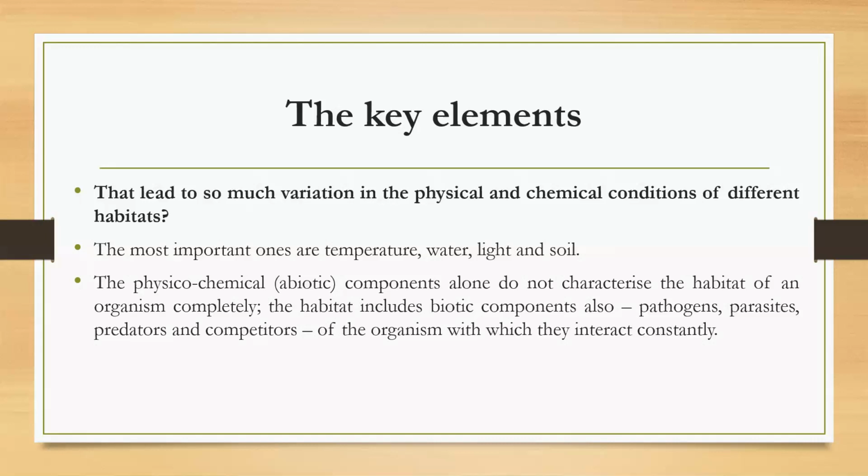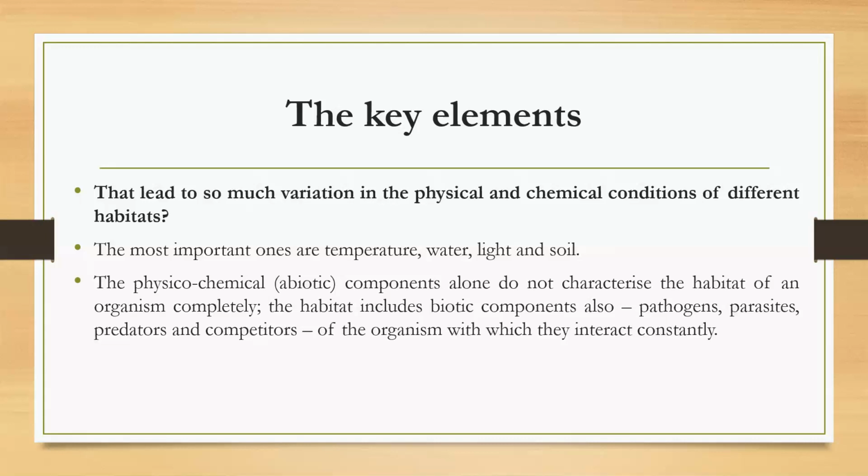The habitat includes biotic components, for example the pathogens, parasites, predators, and competitors of the organism with which they interact constantly. These found in a particular area also determine the conditions of different habitats.